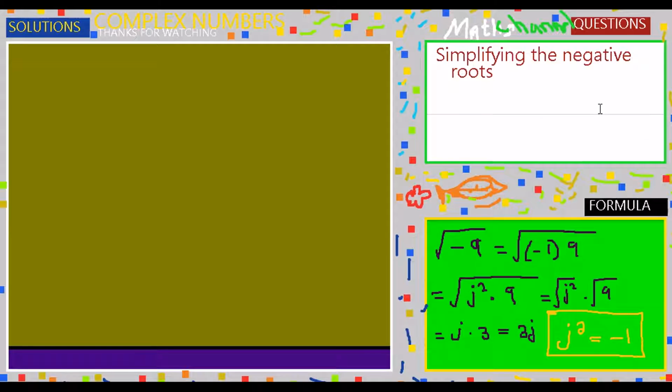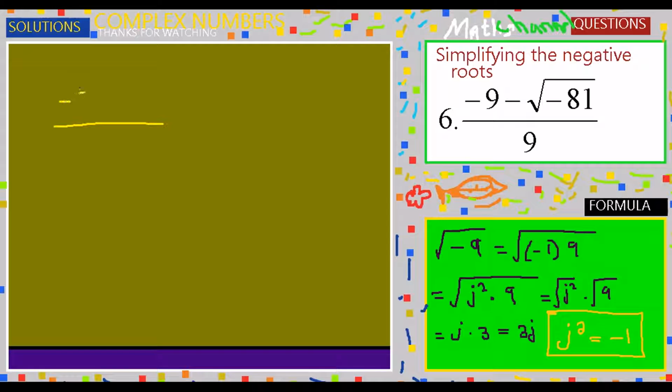Let's deal with the last one. This one, as you can see, is in the form of a fraction. To split this one, first of all, the negative one is a common factor, you take it aside, and you have 81.